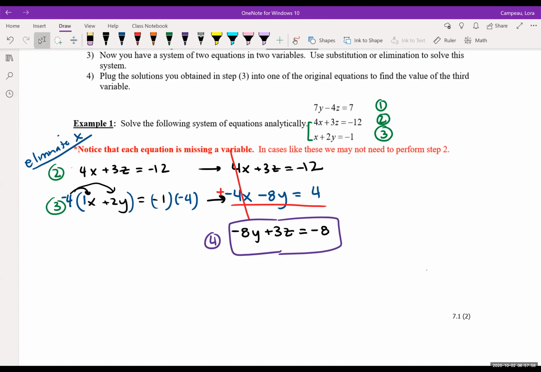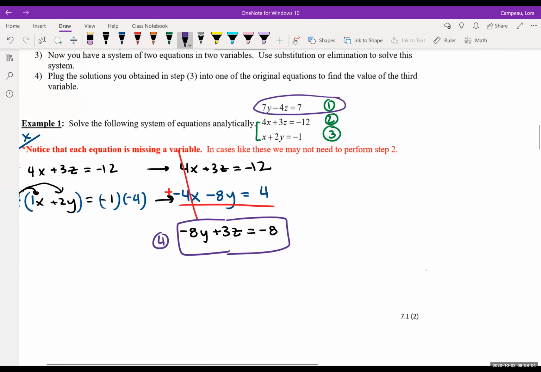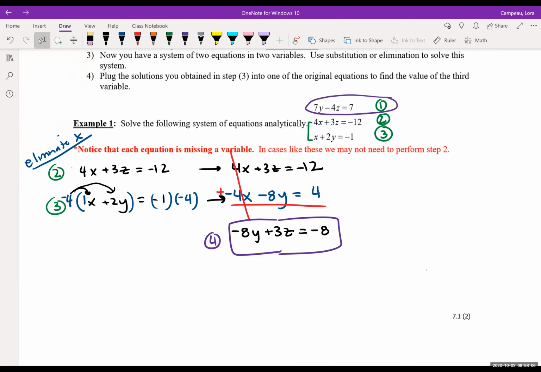And looking at it, I do: equation number 1. So what I'd like to do is pair up these two equations, off to the side. I have equation 4, negative 8y plus 3z equals negative 8. That's equation 4. And then also equation 1.